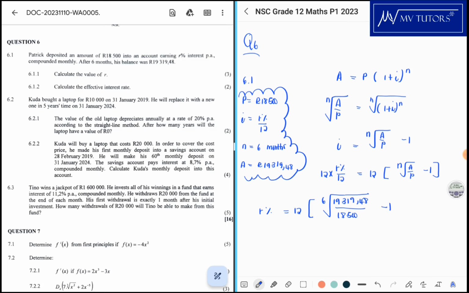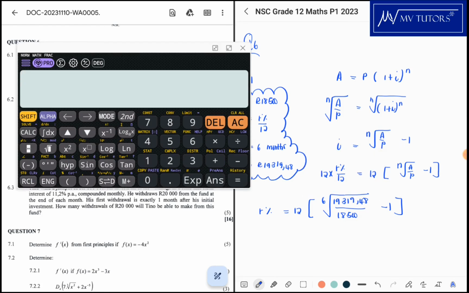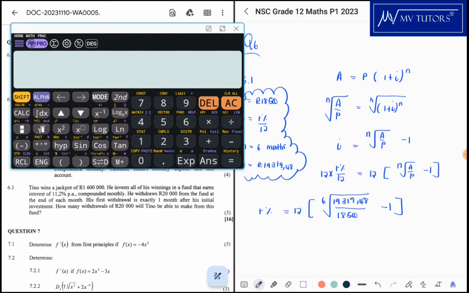This is very risky what I'm doing, putting everything there at the end. Should anything go wrong, we are in trouble. But the nice thing is that you can always test your answer. Once you solve for R, you can put it back into the equation and then see, are you going to get the same value for A? Okay, we'll actually do it. We're not pressed for time, so we can do it.